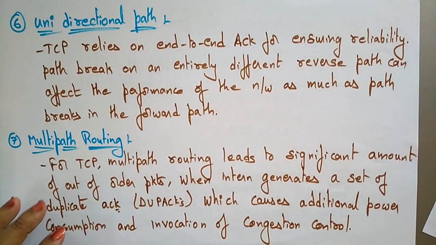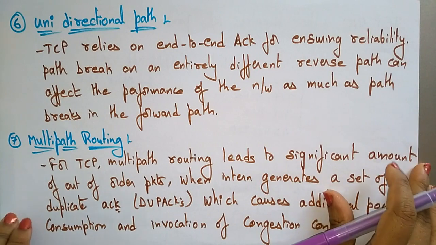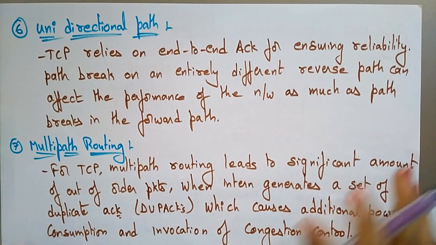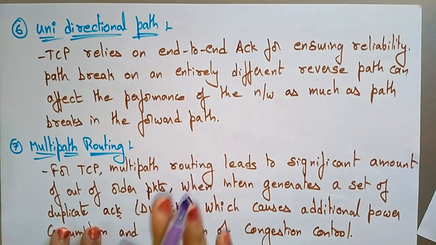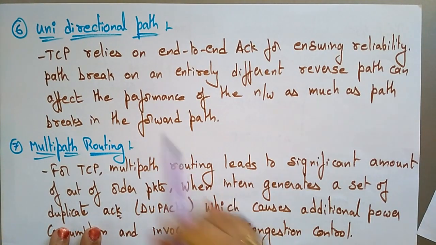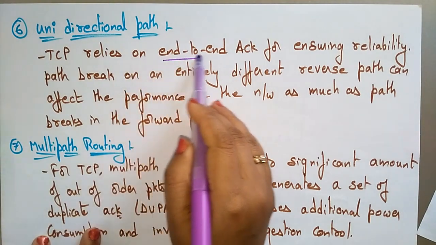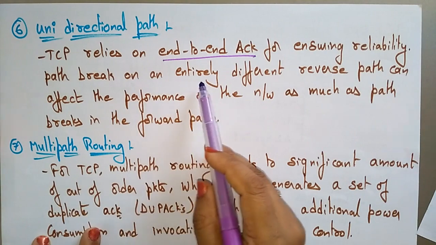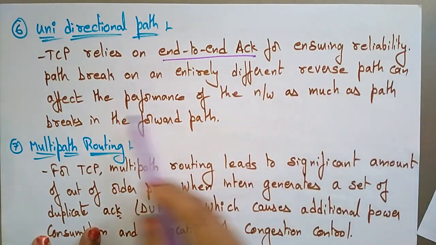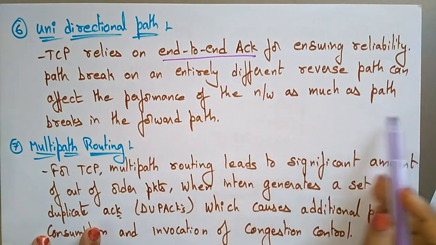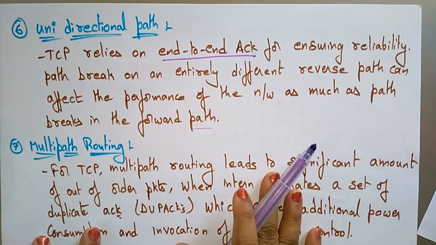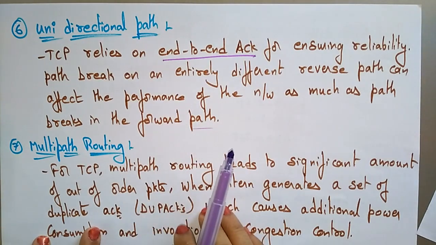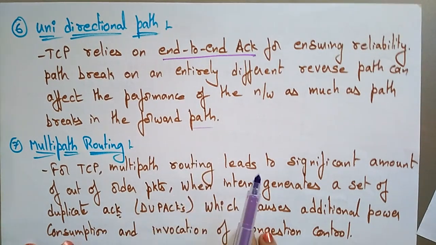Another reason is the unidirectional path. TCP always follows a unidirectional path and relies on end-to-end acknowledgement for ensuring reliability. Path breaks on an entirely different reverse path can affect the performance of the network as much as path breaks in the forward path. So because of the unidirectional path, TCP does not perform well in ad hoc wireless networks.